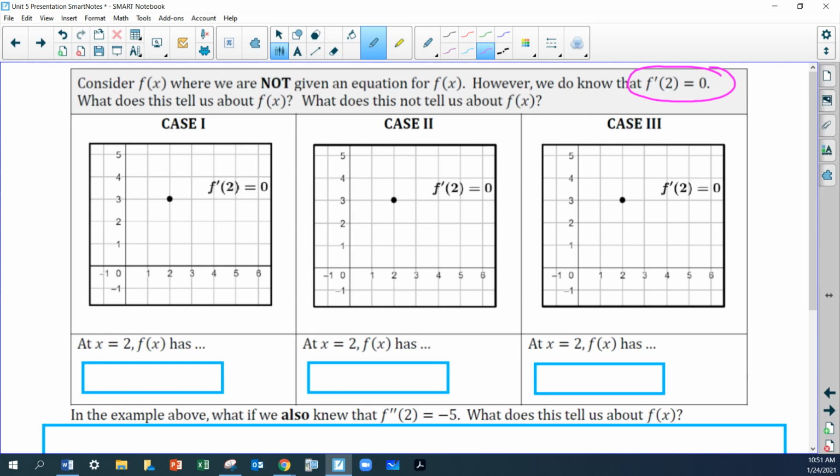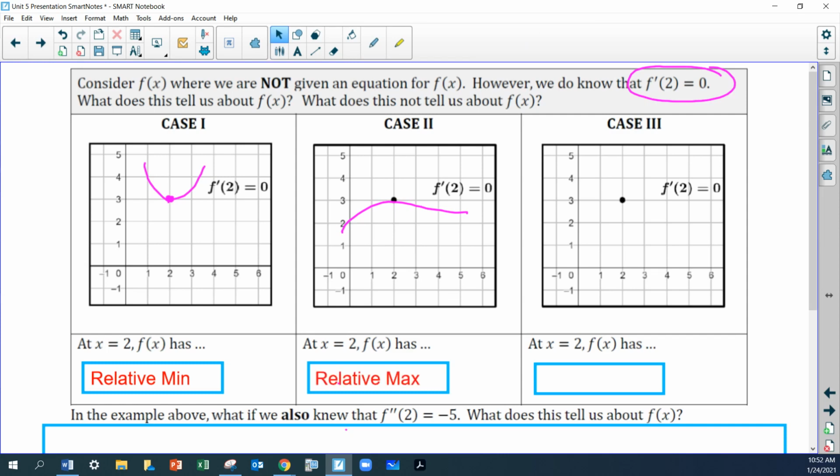Now, I don't know exactly what's going on with f of x here, but I know either I'm entering into f prime of 2 where it's equal to 0 with a concave up style, and in that case we can see that this location would be a relative min. If I entered into this location with a concave down, then I'd have a relative max at that.